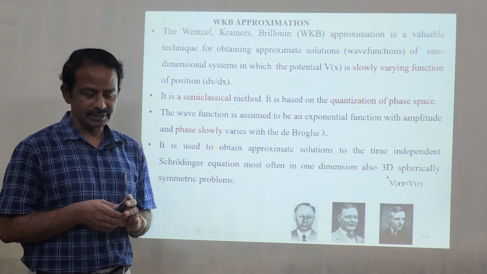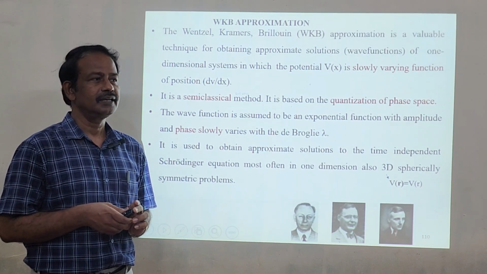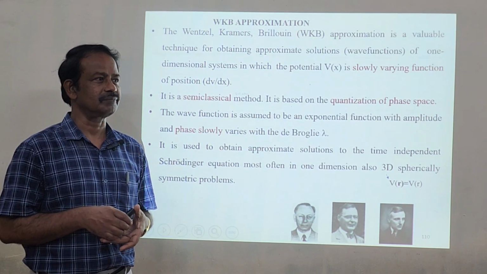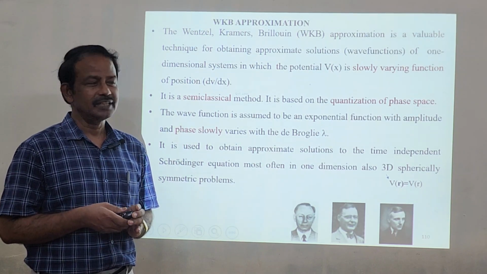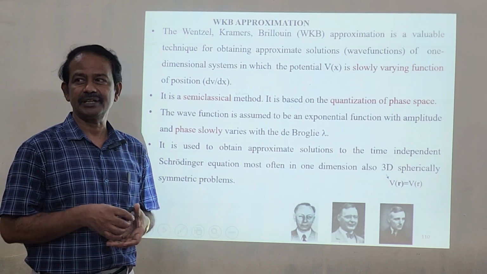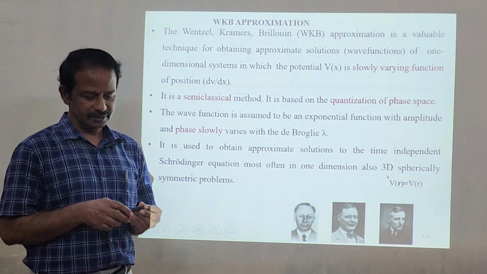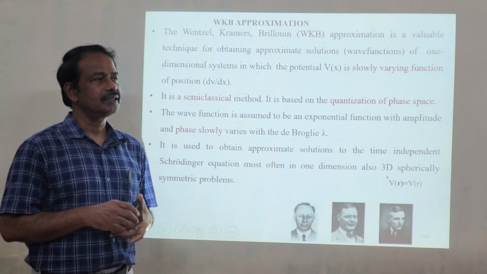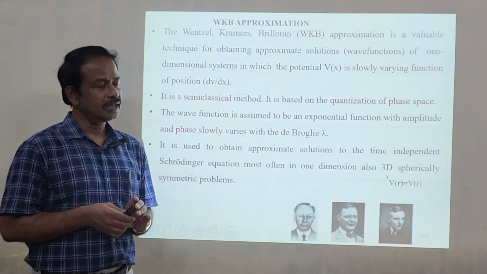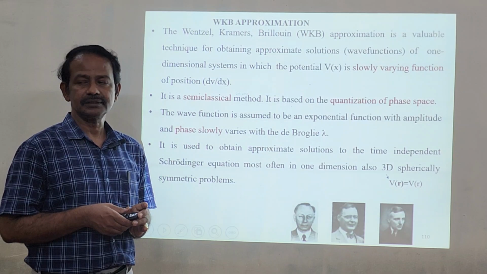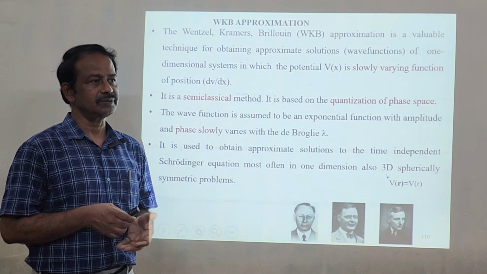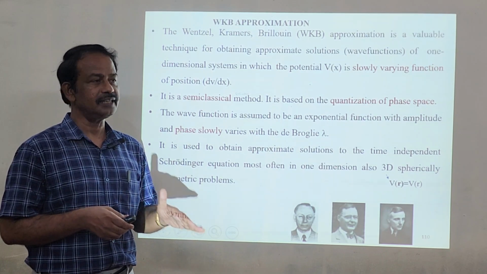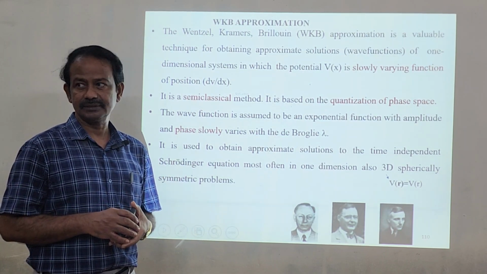We learnt a lot of models like quantum well models, infinite and finite quantum wells, the barrier problem, hydrogen atom, harmonic oscillator, and rigid rotator, in which we calculated the energy eigenvalues and wave functions of the Schrodinger equation of Hamiltonian equations. So this is ideal systems, exact solutions.